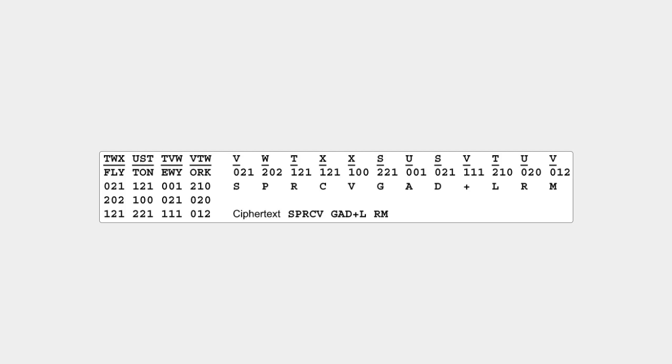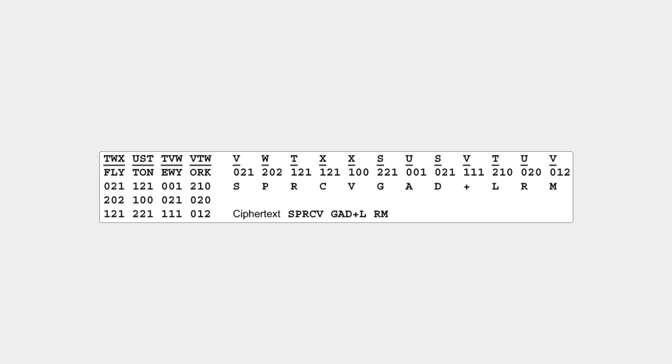The write-in key could be TWXUSTTVWV, and the readout key could be VWTXXSUSVTU. Ideally, the lengths of these keys would be mutually prime, and neither length would be divisible by 3. Here the lengths are 10 and 11.